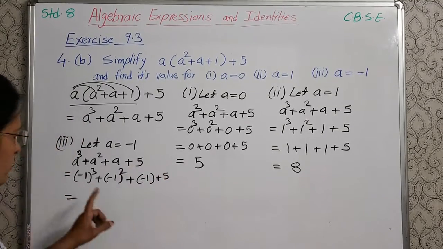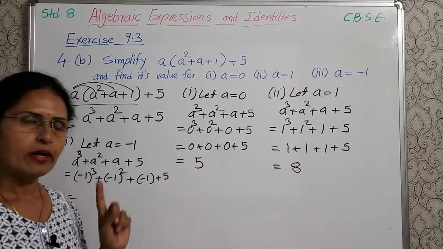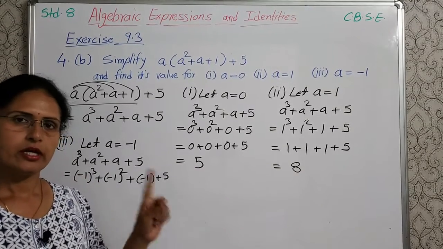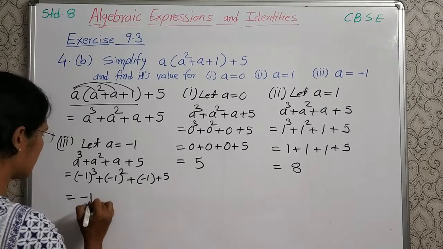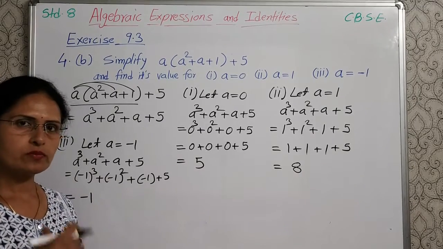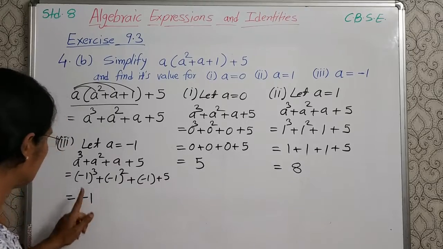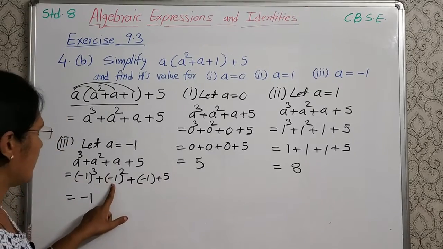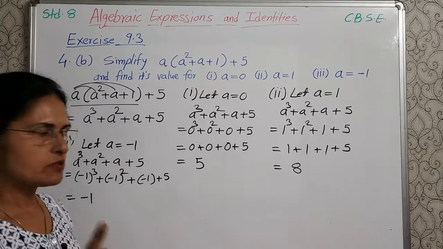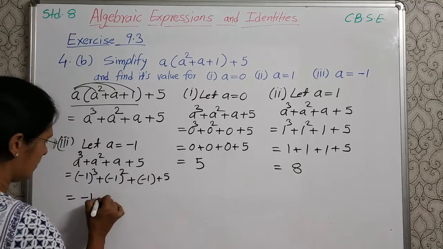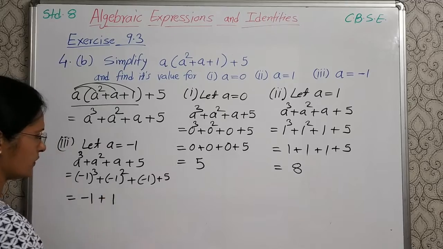Next, now minus 1 cube. So minus 1 into minus 1 into minus 1 is minus 1 only. 3 times minus 1. So minus minus plus plus minus is minus. So here minus 1. Now minus 1 square. It means minus 1 into minus 1. Minus minus plus 1 ones are 1. So it is positive 1.